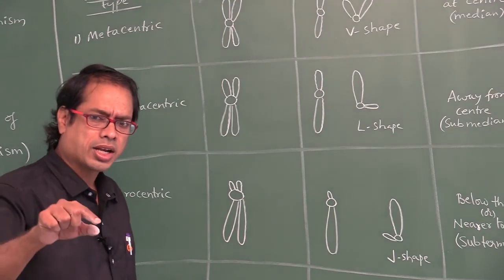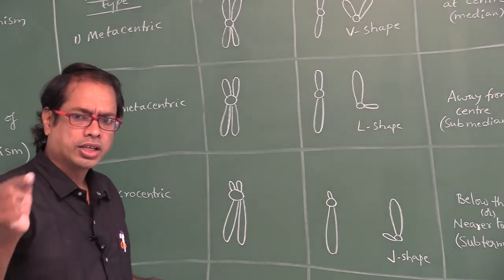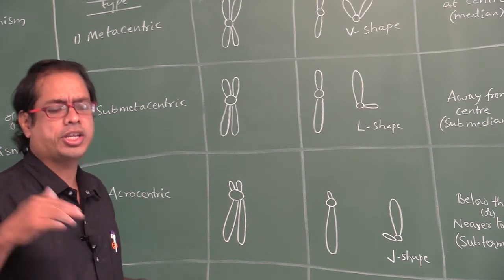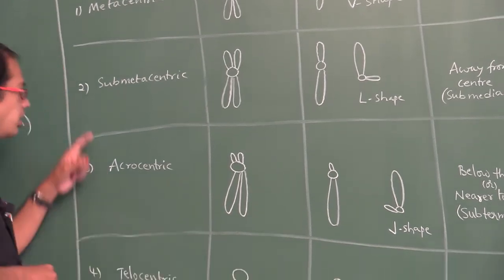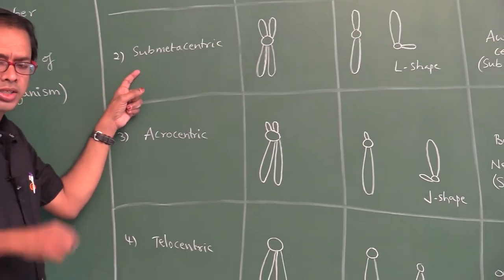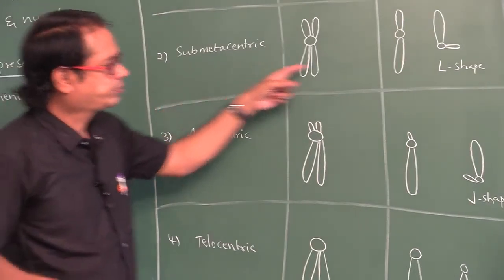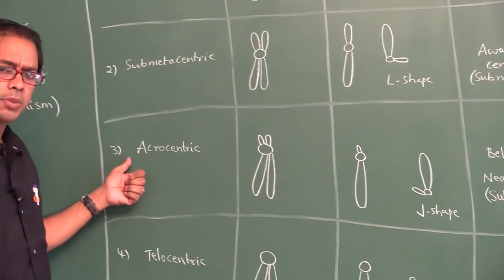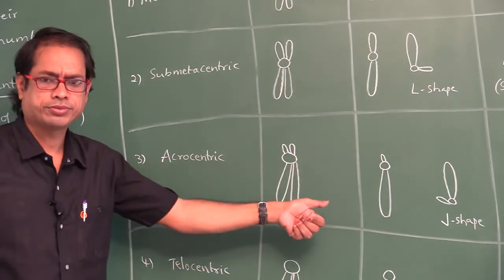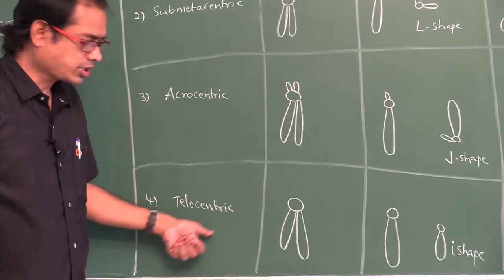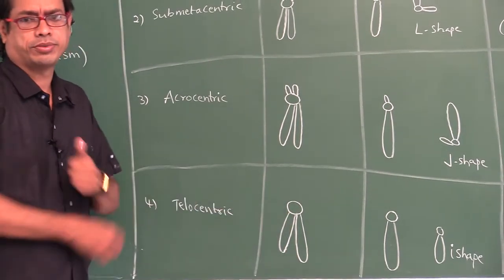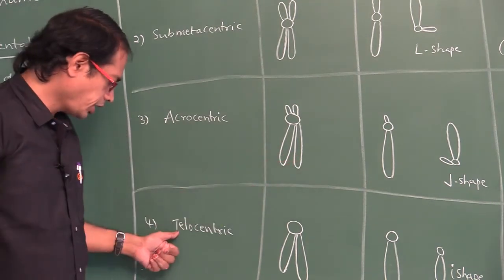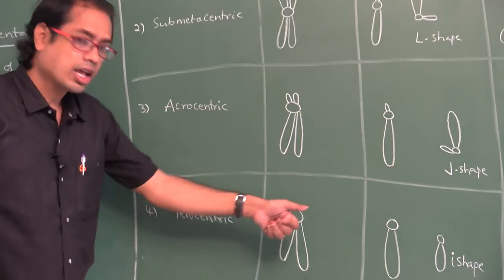Metacentric, submetacentric, acrocentric, telocentric respectively have V, L, J, I shapes. The telocentric chromosome is I shape.